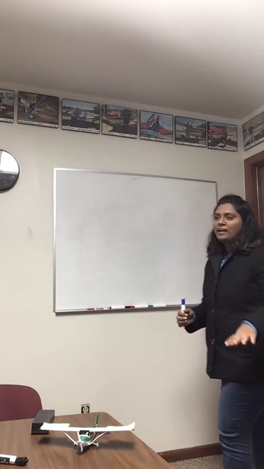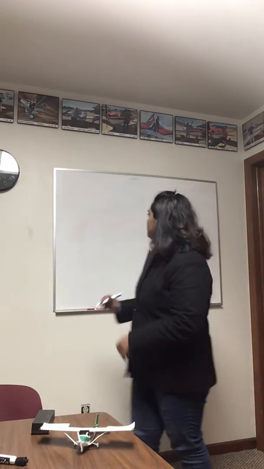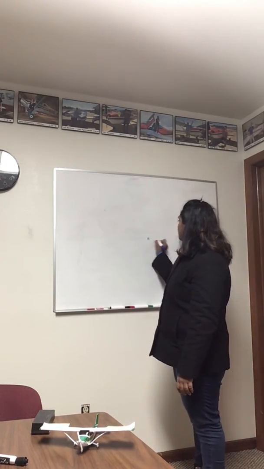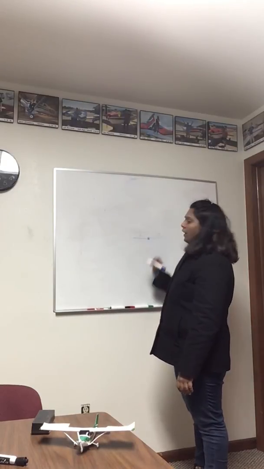Okay, so this is what I showed to my examiner, and he was very happy. Yes. And he made 2-3 points. So I'm going to give you one basic example. Probably it's not the best, but I will also give you the second example if you want more detail. The dihedral is that the wings are actually not straight, because if they are straight, the lift is going straight up.